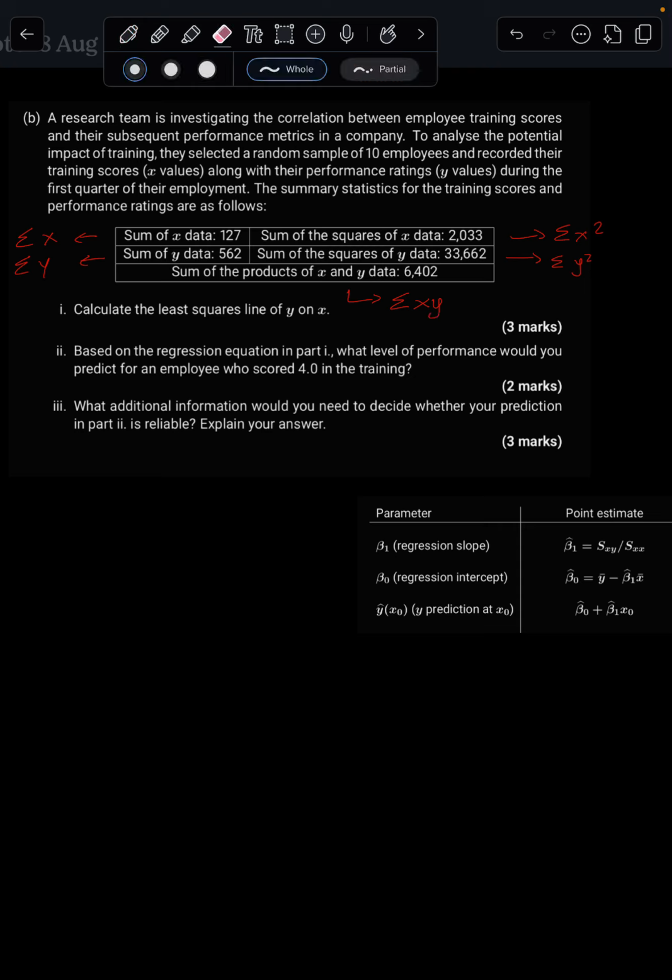In this question we're going to have to calculate the least squares line of y on x. If you think about it, this is basically the same as calculating the OLS line of y on x. So we're going to get something of the form y is equal to beta naught plus beta 1 xi.